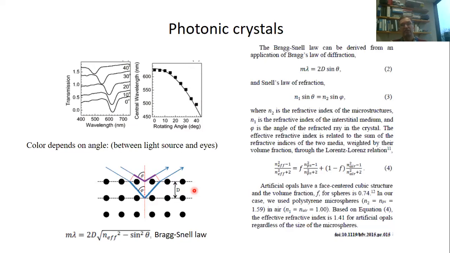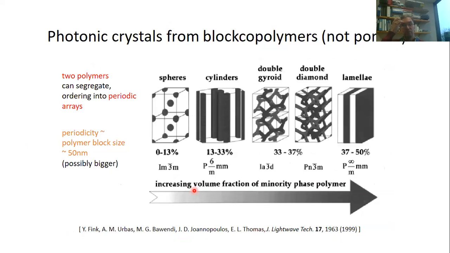Okay, and the effective refractive index is then related to the sum of these refractive indices weighed by the volume fraction of silica versus air, respectively. So you do not necessarily have to have a porous material in order to have a photonic crystal.